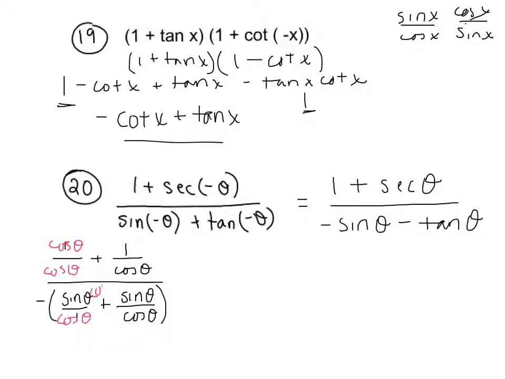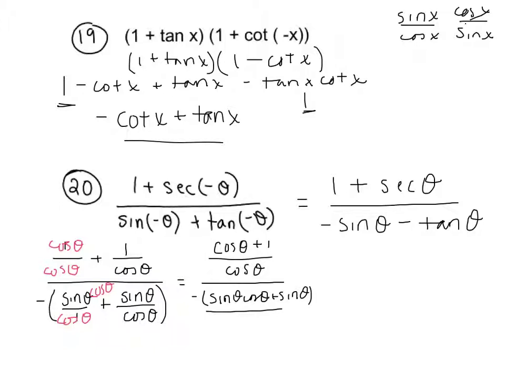So let me add that to the top and the bottom. Okay, in the numerator, I'm going to have cosine theta plus 1 all over cosine theta. And then in the denominator, I'm going to have negative sine theta cosine theta plus sine theta. I'm going to run out of room over cosine theta.